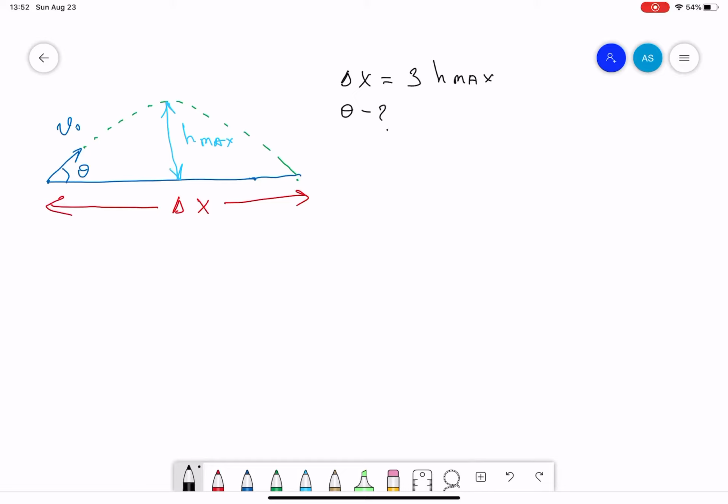Now, I don't want to derive all these formulas. I want to show you the ready ones.